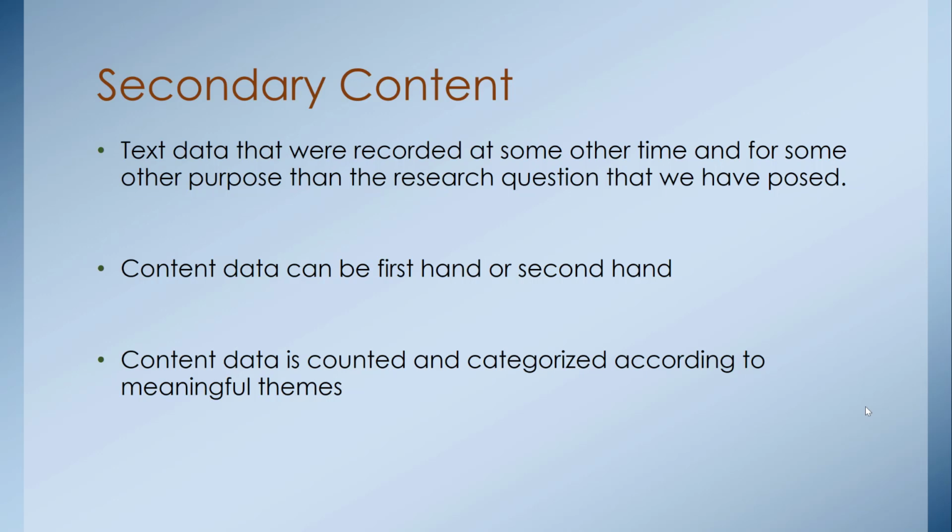The content data that we're collecting, the secondary data, could actually be firsthand or secondhand data. So an example of firsthand would be if we're looking at diaries of individuals, the individual who actually wrote the diary, versus if we're looking at records of a social worker who is reporting clients' behavior or clients' experiences, and it's their interpretation of those experiences.